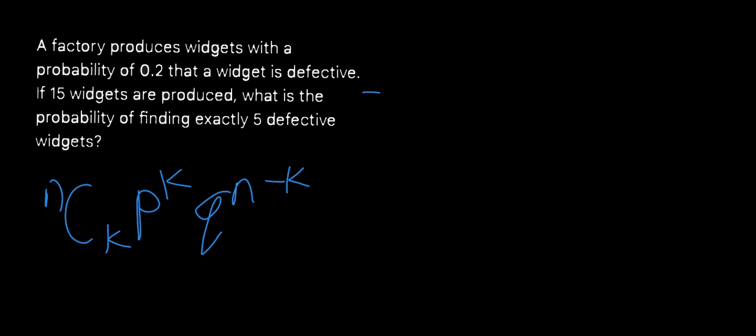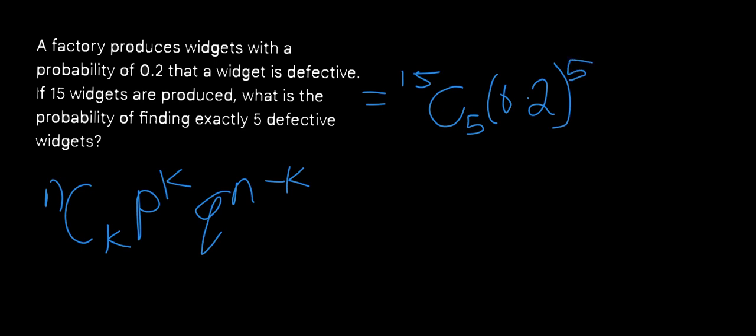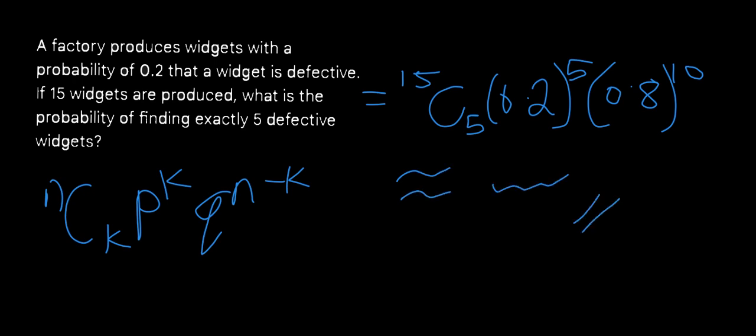We know that our n is 15 in this case, our k is 5. Our p is the probability of a success, which in this case is 0.2, to the power of 5, and the probability of a failure, which is 1 minus p, to the power of 15 minus 5, which is 10. So go ahead and plug this into your calculator and you will get your value.